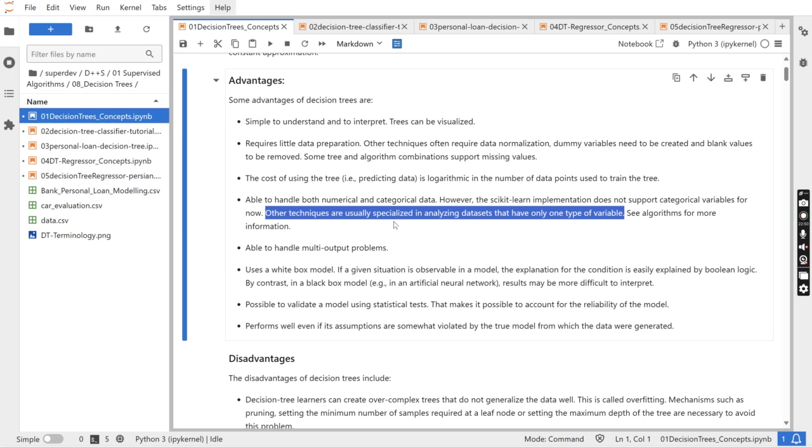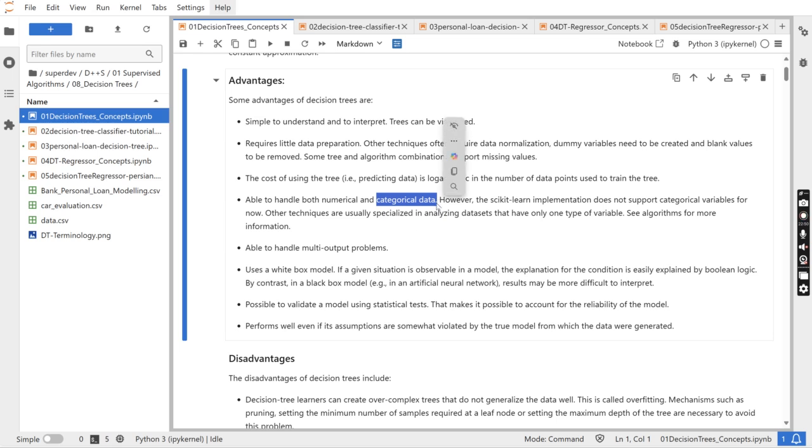What I am essentially referring to is encoding. With encoding methods, you take one categorical variable and convert it into numbers, zeros and ones.